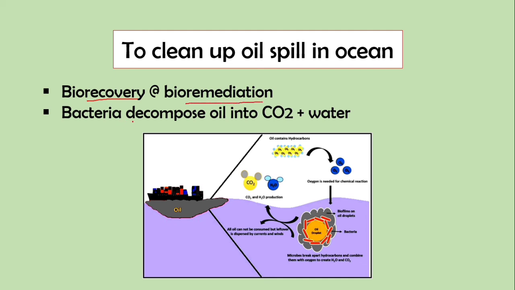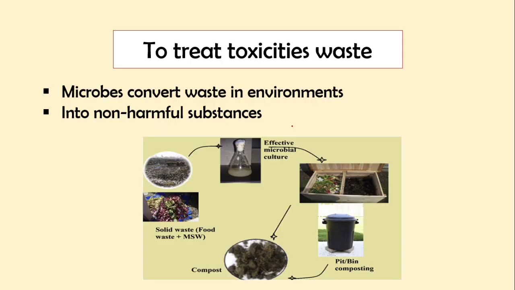The bacteria will decompose oil into carbon dioxide and water, and this carbon dioxide and water is less harmful compared to oil. Microbes are also used to treat toxic waste, where microbes convert waste in the environment into non-harmful substances.